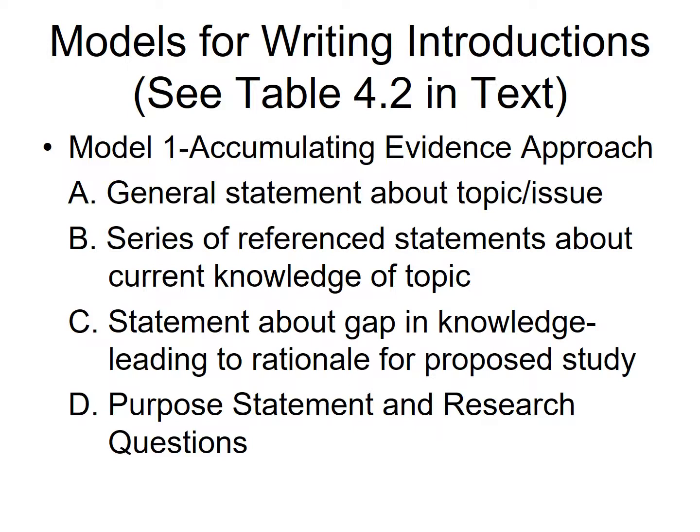We talk about that. The next section is a series of reference statements about current knowledge. So these would be the synthesized statements. In other words, across studies, we know that a lot of the research for addressing issues with anxiety involves approaches that are generally less effective for individuals on the autism spectrum.